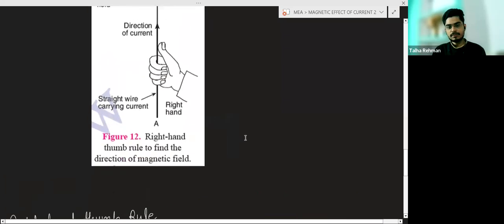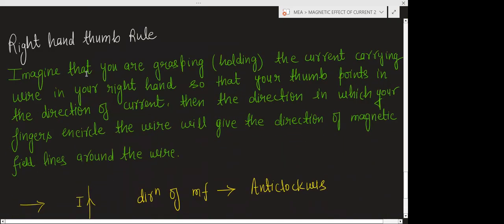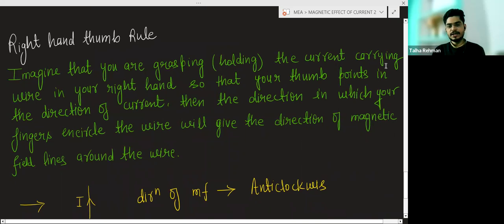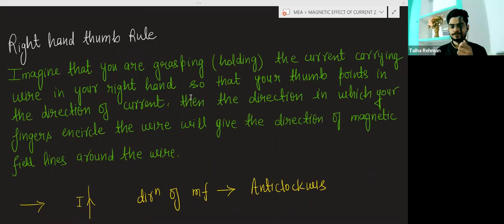Understanding the right hand thumb rule? I have written here. Imagine that you are grasping or holding the current carrying wire in your right hand. Not actually holding, it means imagine holding your wire.